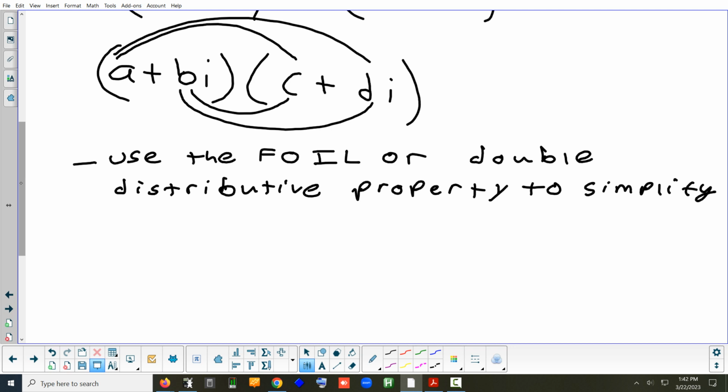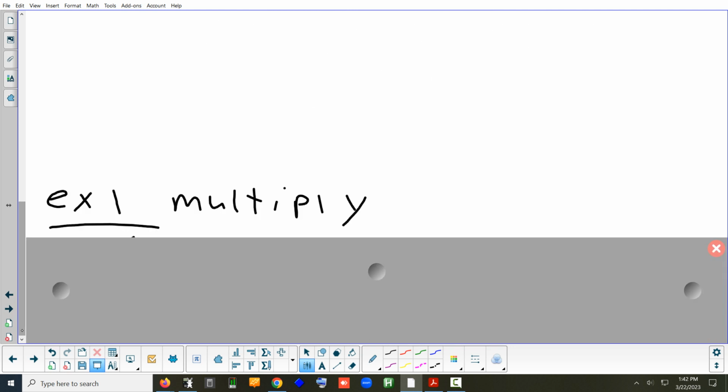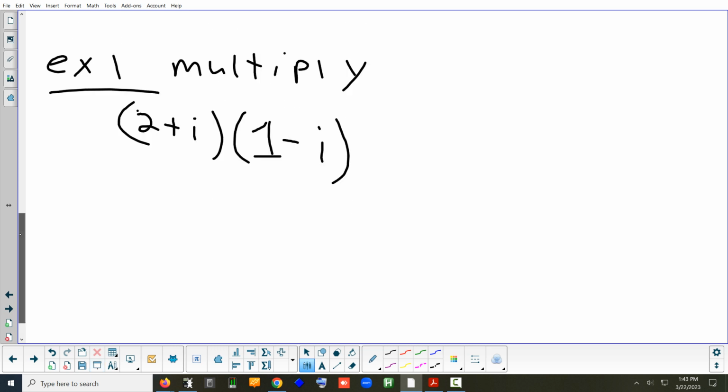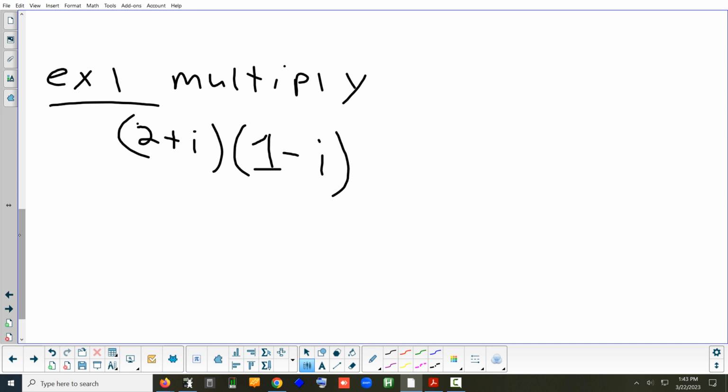Okay, does everybody have that? Let's try an example. So we're going to multiply 2 plus I and 1 minus I. We'll just go through it step by step.